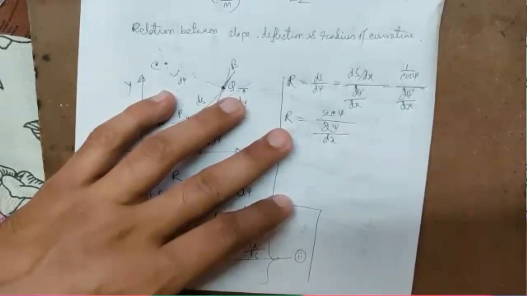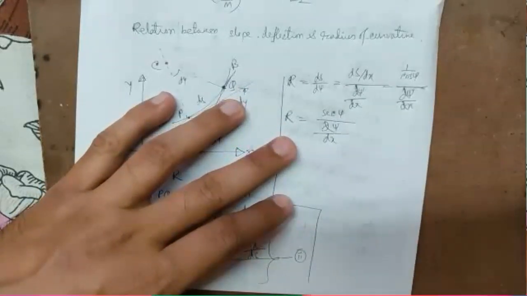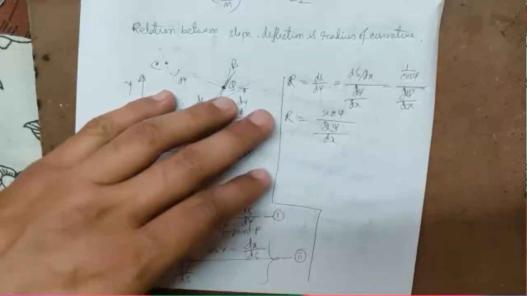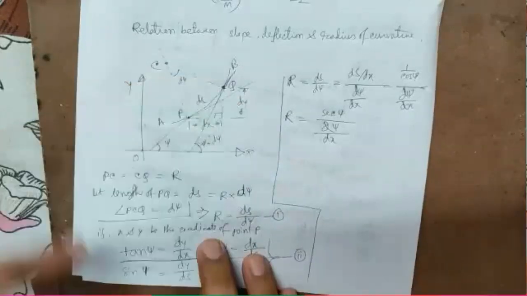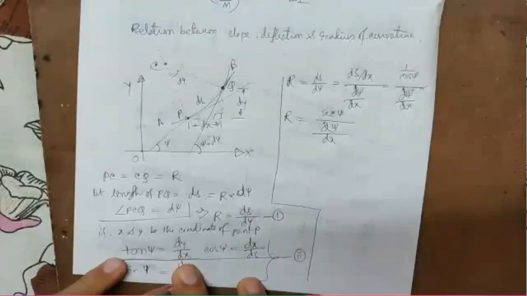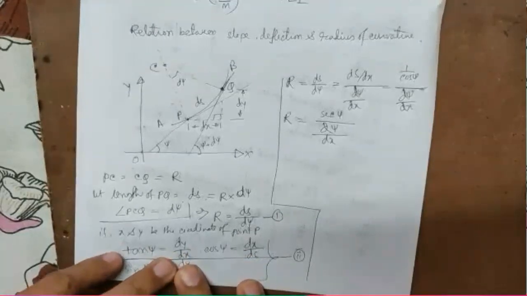Now we have this equation 2 here, tan psi equal to dy by dx.